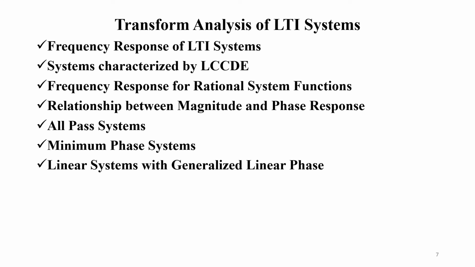Thus, in many situations, it is particularly desirable to design systems to have exactly or approximately linear phase. So we define a generalized linear phase system as a system whose frequency response is a real-valued non-negative function of omega, which is frequency, multiplied by the linear phase term.